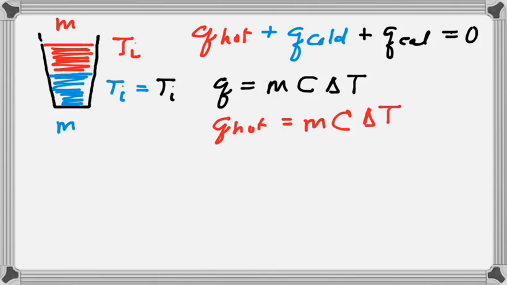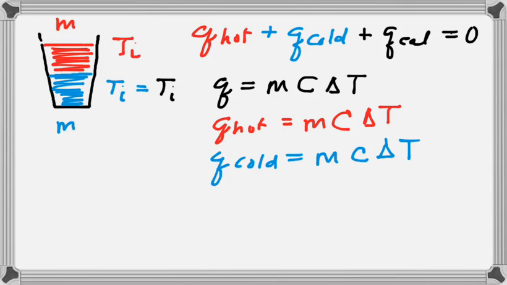For the cold water, the same is true. Q for the cold water equals the mass of the cold water times the specific heat of the cold water times the change in temperature of the cold water. Well, we talked about the initial temperature. The initial temperature of the warm water is higher, and the cold water and the cup, the calorimeter, are at the same temperature.